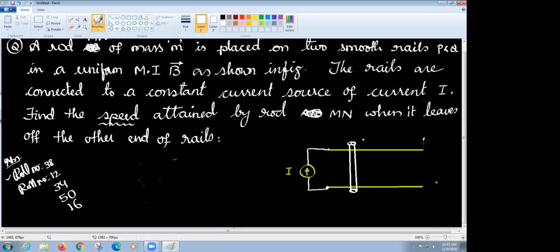So you have two rails, P and Q, and you have this rod, say M, N. You have current like this, and magnetic induction is given like this, in a uniform magnetic field.